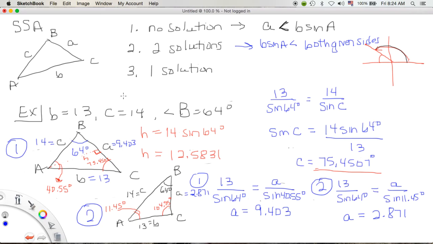Now, I'm just going to go ahead and erase this, so hopefully you've got all of this part in your notes so you can go back and look at that. Now, we've seen what happens when the side lengths are smaller than h and when h is smaller than both the side lengths. What happens when the side length is equal to h?